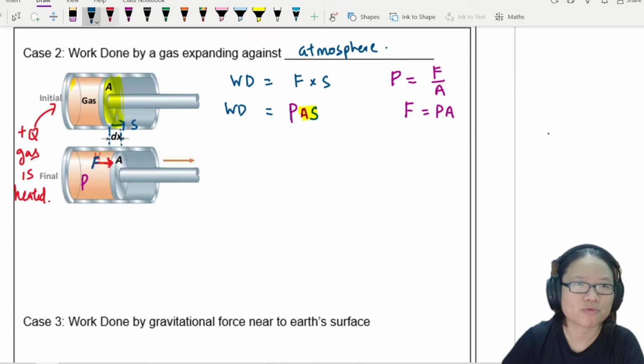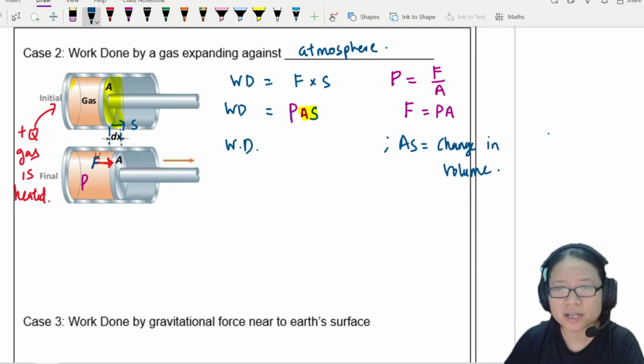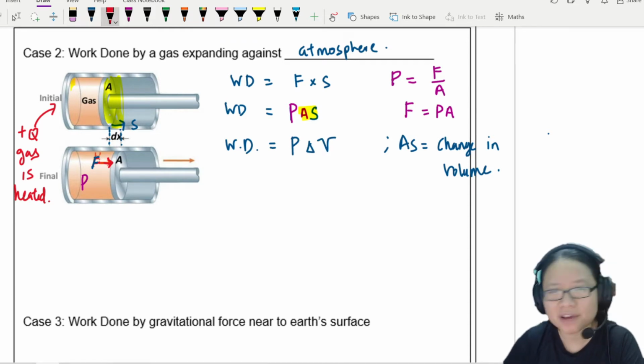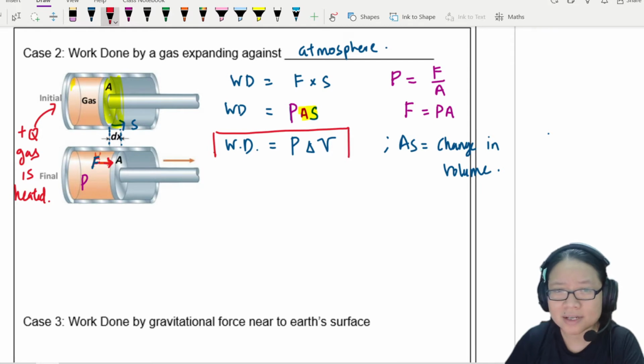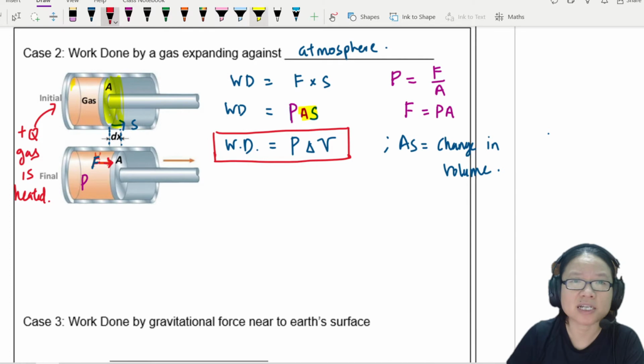A times S is equal to change in volume. Interesting. So from here, work done is equal to P times change in volume. Whenever we have a gas set up, please remember that work done is equal to P change in volume. In this case, it is work done by a gas.